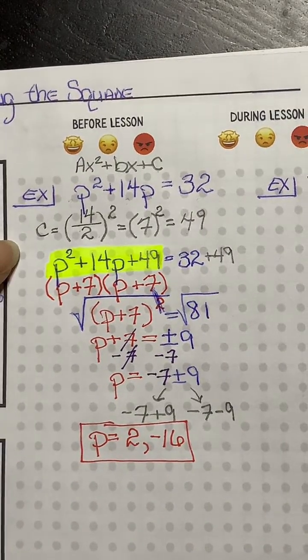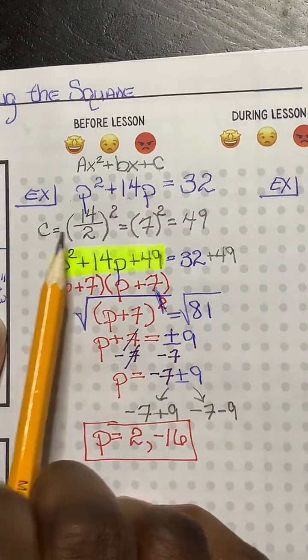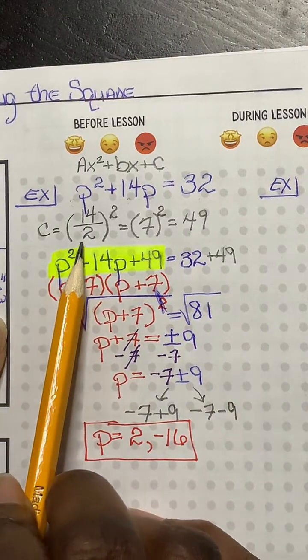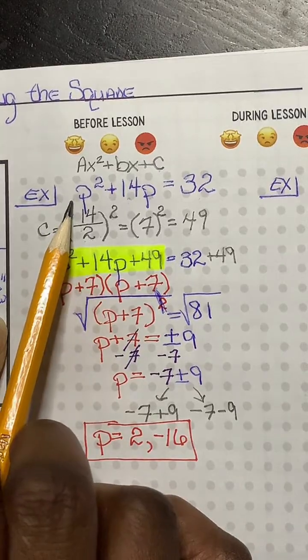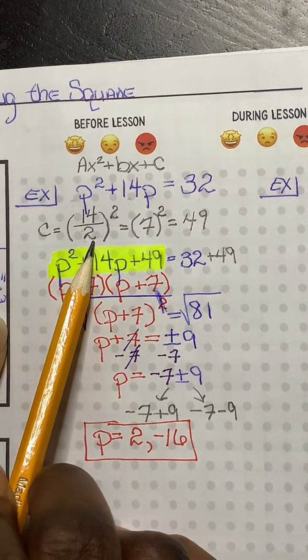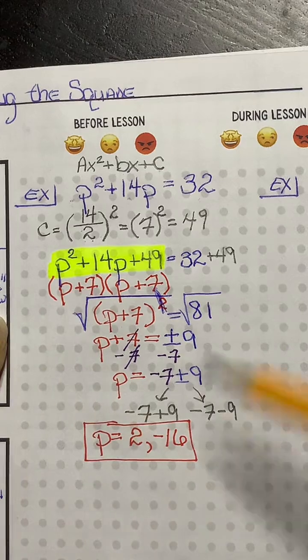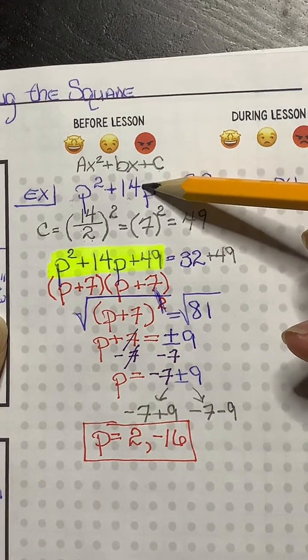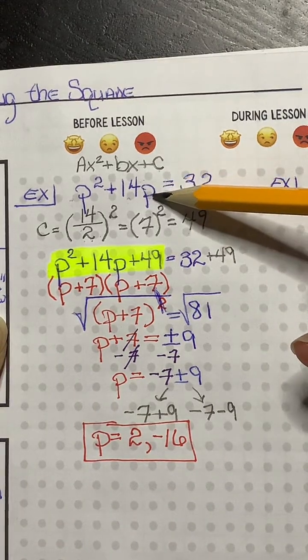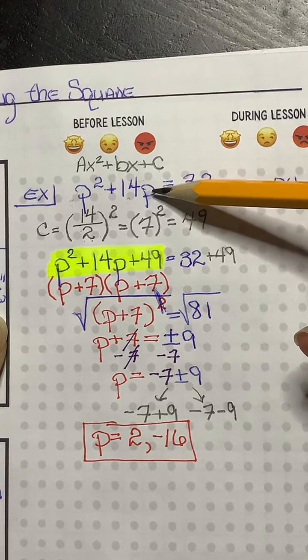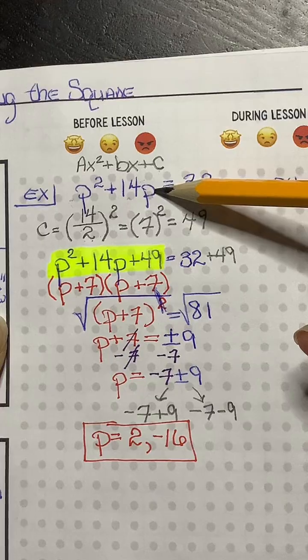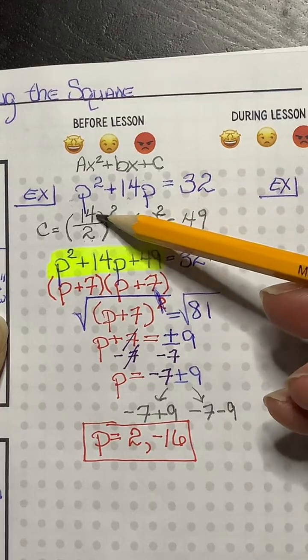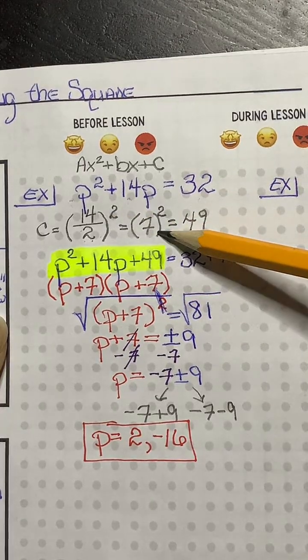So once I figure out what my b over 2 times the a is, the a value is a 1, so that's just a 2. And my b value is the 14. It's the one that's next to just the variable, in its single linear form. So we have 14 divided by 2 gives me 7.